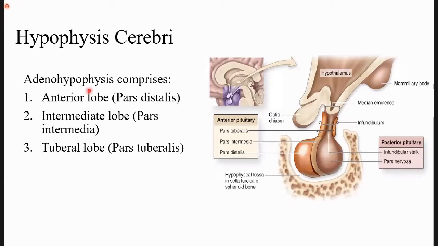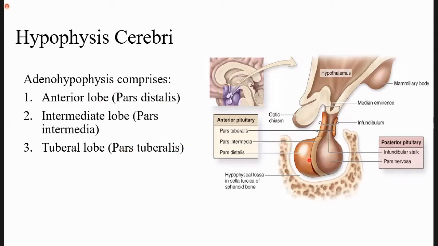Then there is the intermediate lobe, pars intermedia. And the third is the tuberal lobe, or pars tuberalis, which surrounds the infundibulum. The neural component of the stalk is surrounded by this extension of the adenohypophysis, and that is called pars tuberalis. These are the three parts.